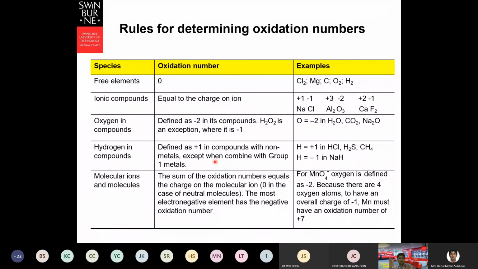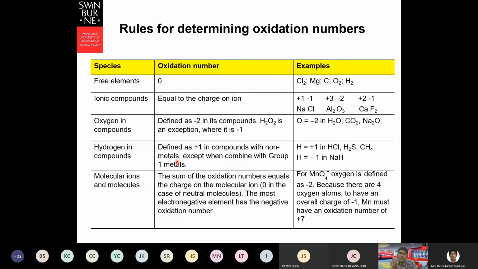Towards the right in the periodic table, the element is more electronegative than oxygen. If we see the periodic table, fluorine is just sitting on the right of oxygen. So fluorine is more electronegative. That means if oxygen is attached to fluorine, oxygen will be positively charged and fluorine will be negatively charged.